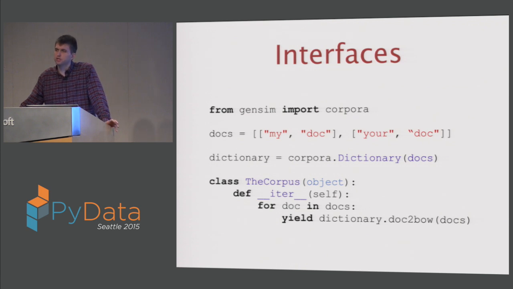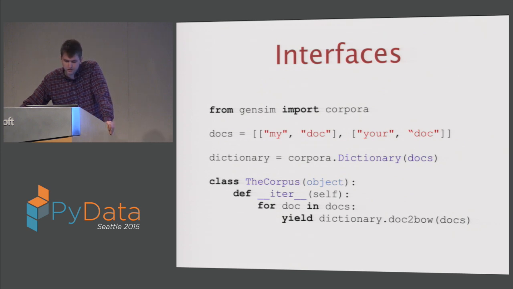Basically it's an index, a mapping of IDs to tokens, and you have various useful methods around that, such as converting my doc into the bag of words representation, or basically the vector space representation thereof.